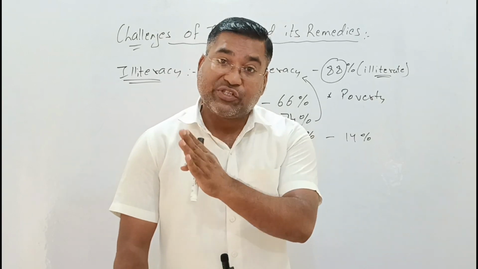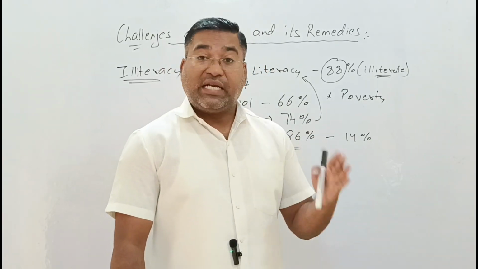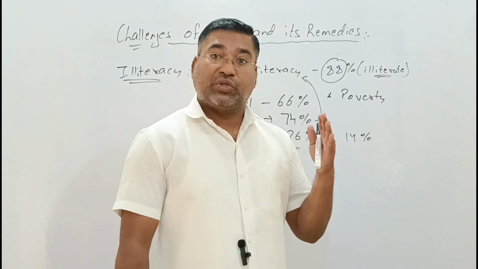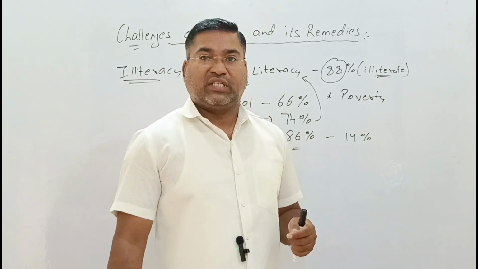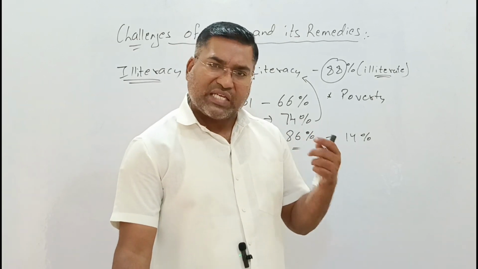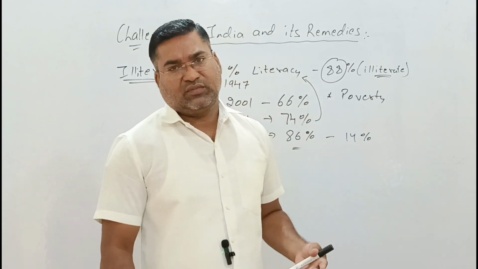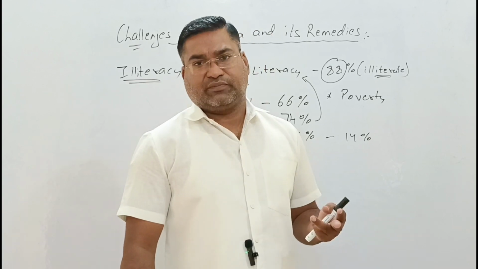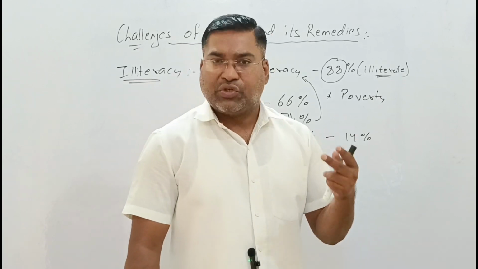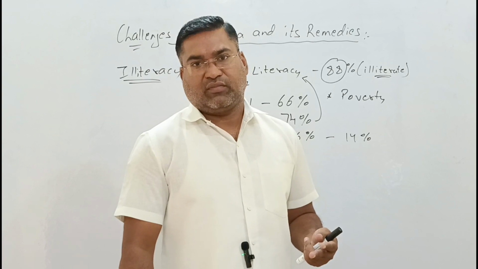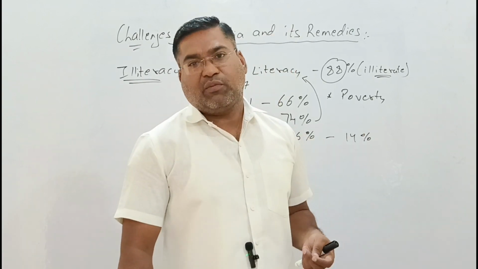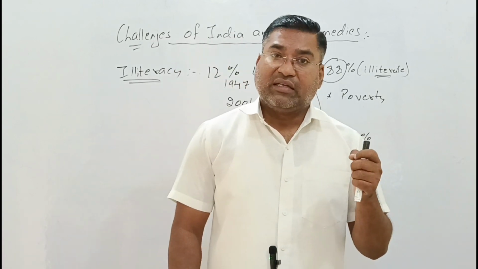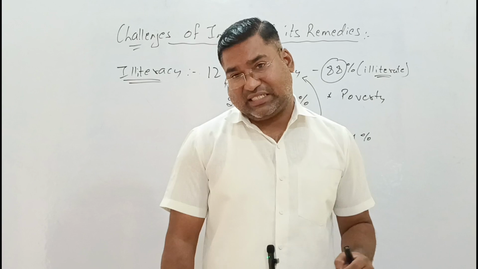Midday meals, so that no children go with an empty stomach, to make poor people send their children to school. Moreover, free supply of books and dresses, or overall uniforms, is also provided by the government. The purpose is to overcome illiteracy.